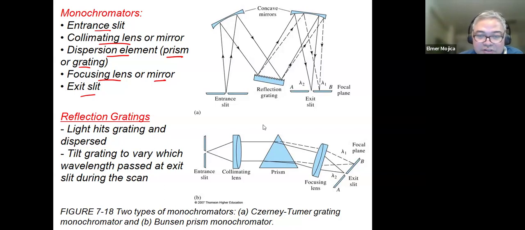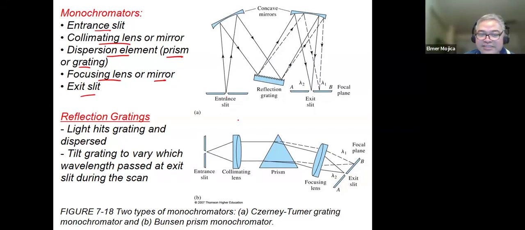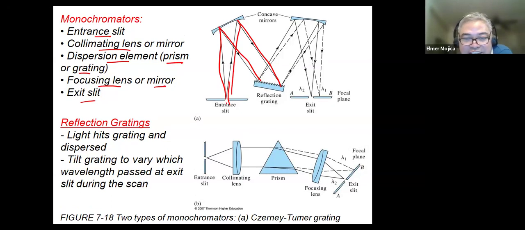So what happens in the Czerny-Turner monochromator? If you look at this type of monochromator, you have an incident radiation passing through the entrance slit. So there's light; it can go that way, go here, or that way, goes here. The entrance slit at the focal point acts as a point source.